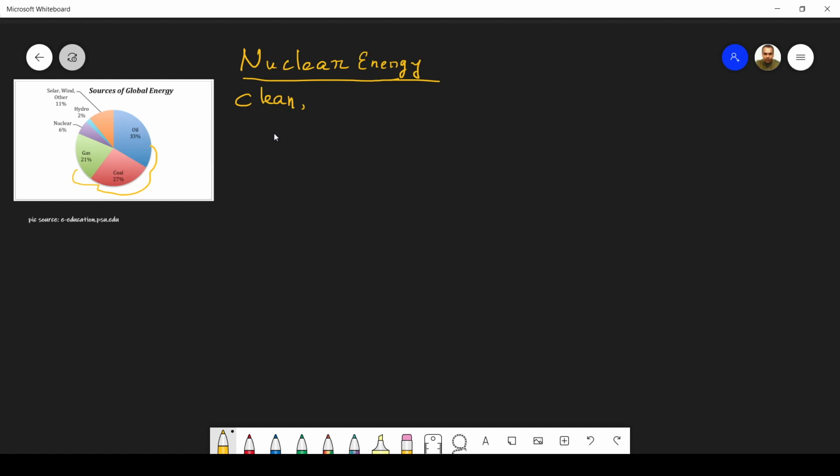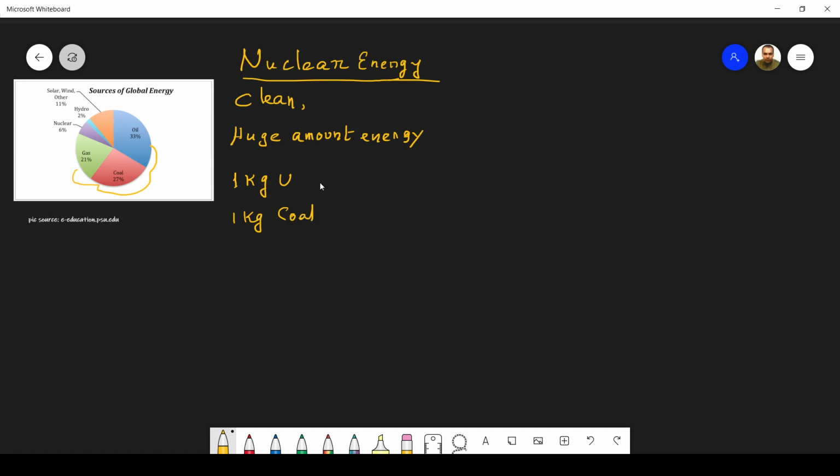Then one major advantage is that a huge amount of energy can be generated by a nuclear reaction as compared to other conventional sources like coal, oil, or gas. For example, suppose we have 1 kg of uranium and 1 kg of coal.